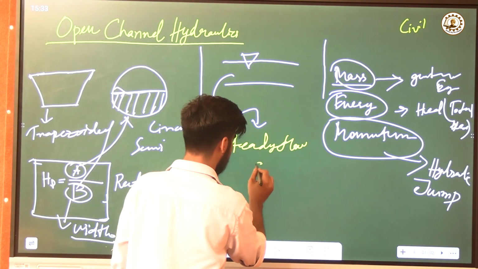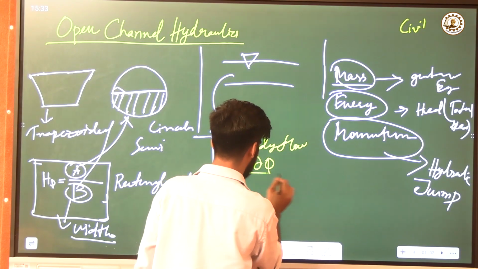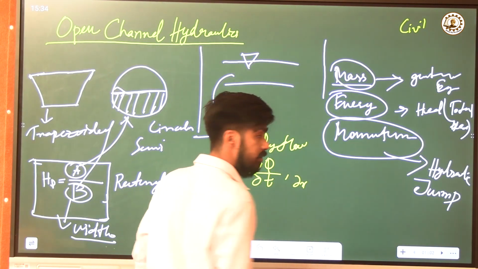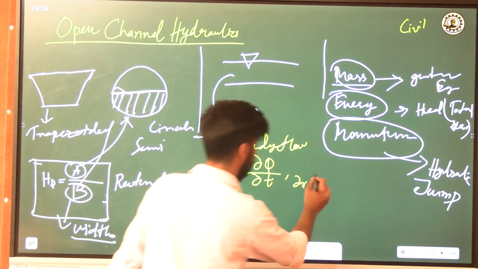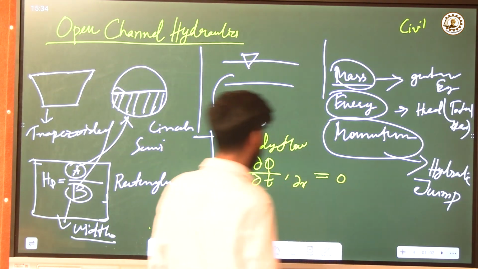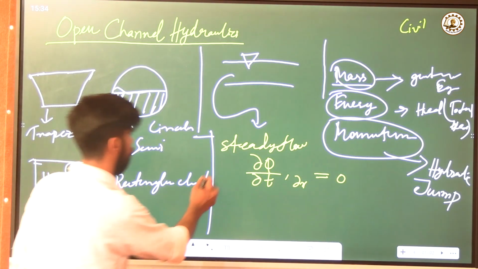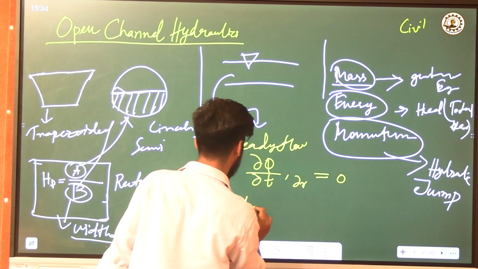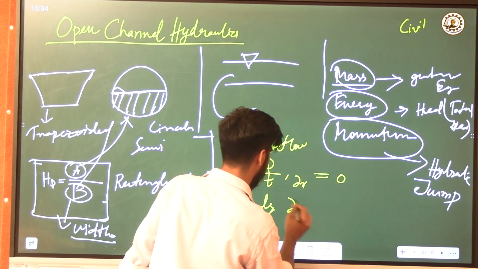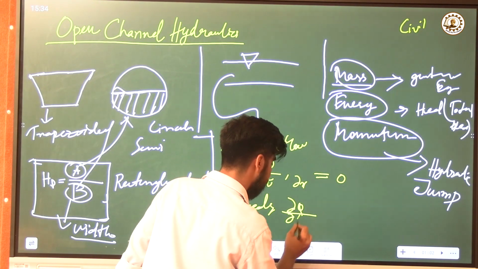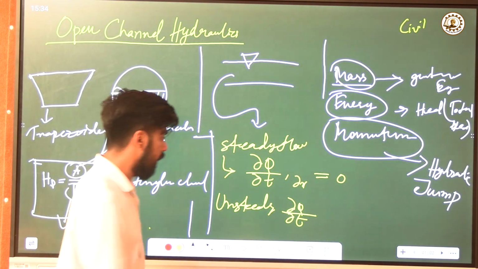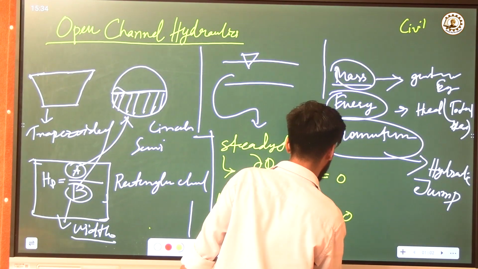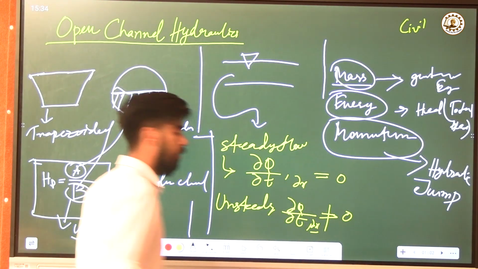If the rate of change of discharge with respect to time or distance is equal to 0, then this becomes steady flow. Then what is unsteady? The same thing, where the change of discharge with respect to time becomes non-zero, or with respect to distance, whatever.